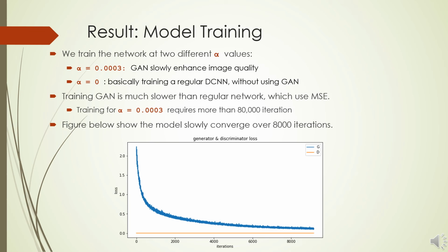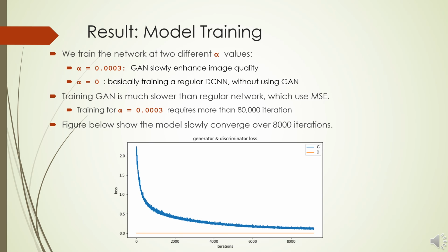Let's discuss the result of our model training. So we set the alpha value at 2 different values. First, 0.003, which means that the hinge loss component plays a minor role, and the mean square error loss plays the major role. Second, we set alpha equal to 0, meaning that there will be no GAN component, and the network basically becomes a regular DCNN.